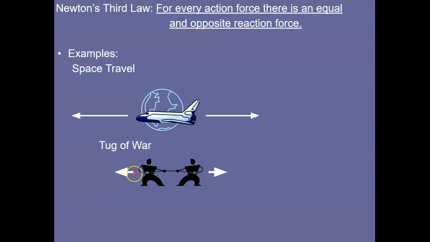When you have a standstill in a tug of war, that is a great example of that. I gave an example the other day of leaning against a wall. You have an equal amount of force being pushed up against the wall as the wall is pushing back against you. And so that's your third law in everyday actions.